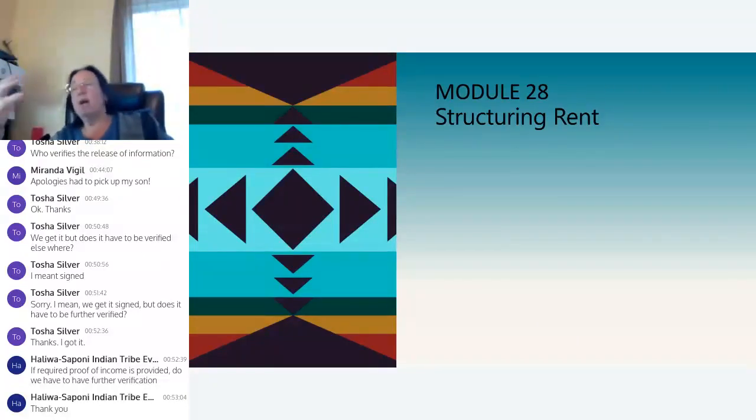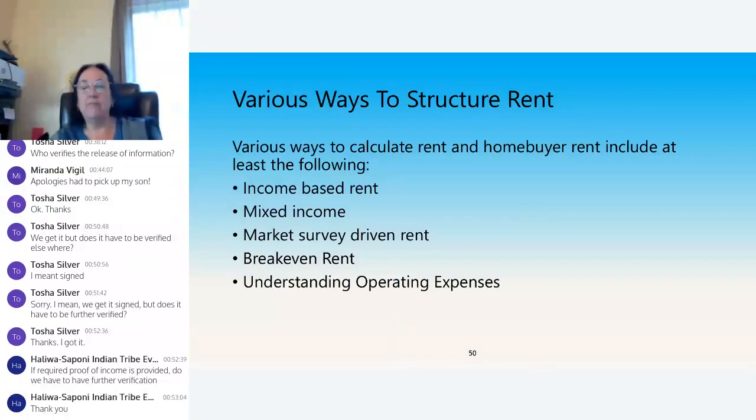So when it comes time to structuring a rent, building a new project, let's say you're going to build 5 new units or 10 new units, you have to look at how much it's going to cost you to run those units. You don't collect all of your monies unless they are standalone units.